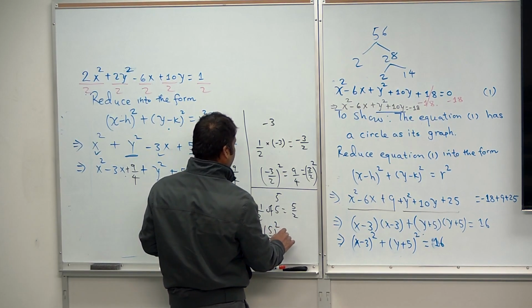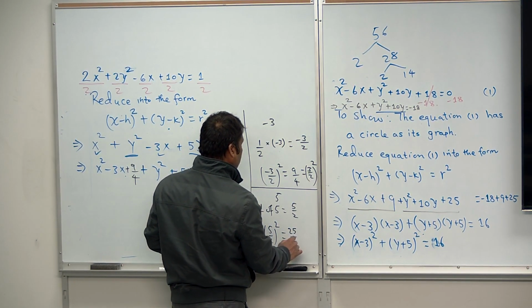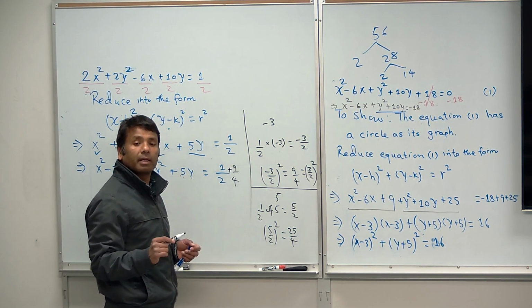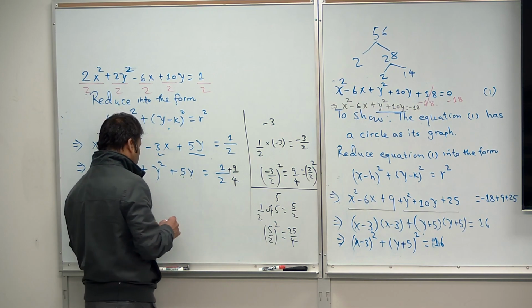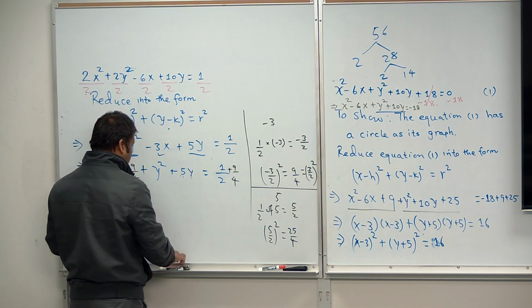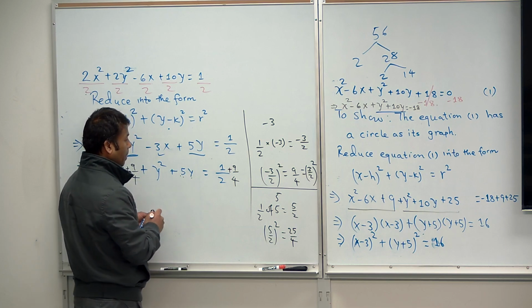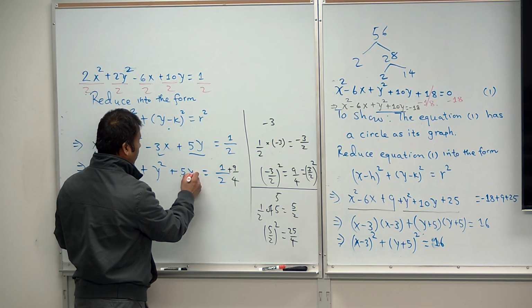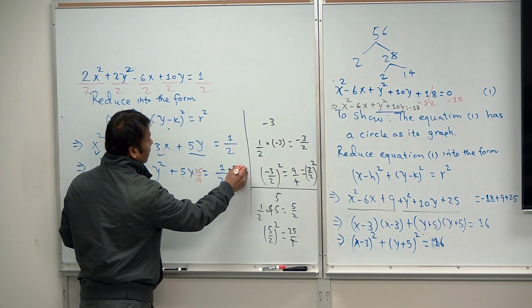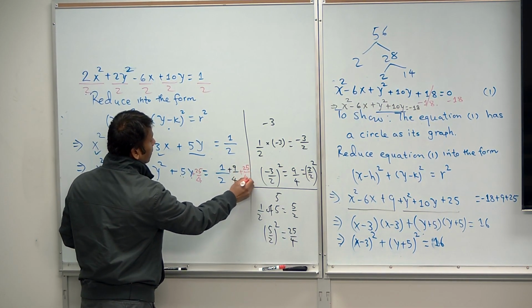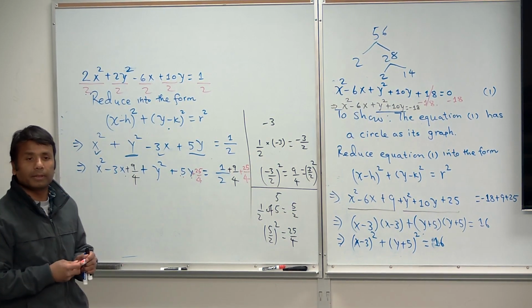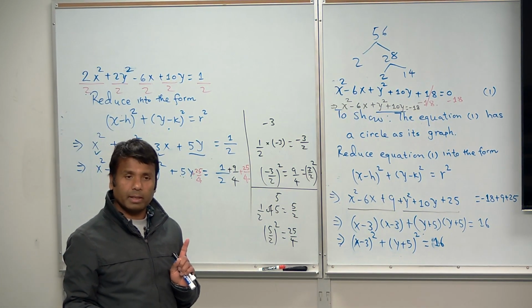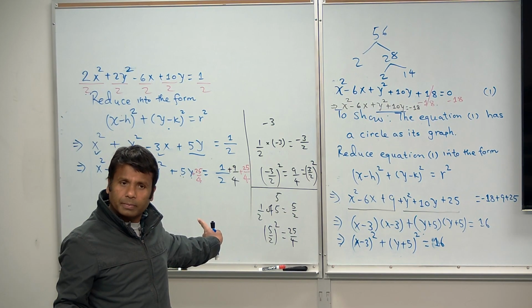So this is the same as 25 over 4. Make sense? You add 25 over 4 on both sides. Did you get it? Does that make sense?